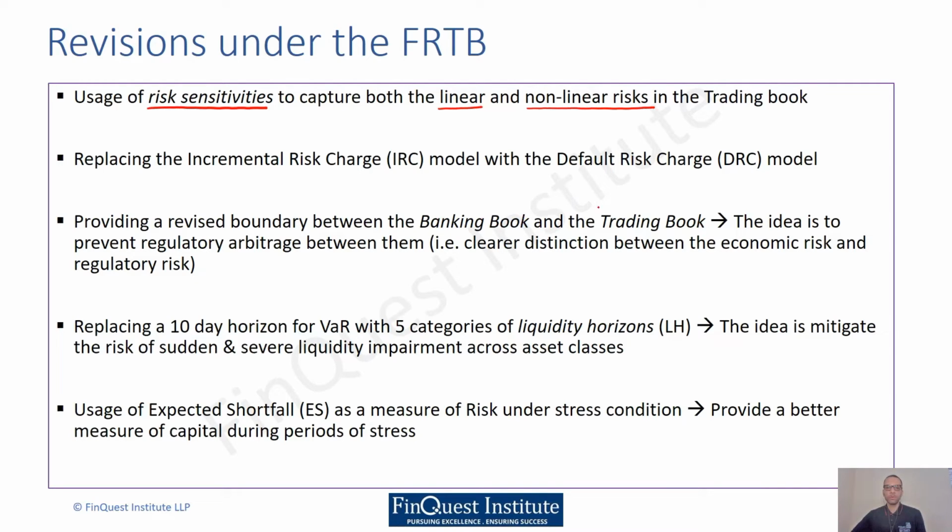Like we know, these are the two main classifications into which a bank will allocate its positions, be it an asset or a liability. It's going to fall either on the banking book side or the trading book side. And the reason why this boundary has been clearly defined as a part of FRTB is because we want to prevent the possibility of any regulatory arbitrage which banks might try to gain by switching between these books.